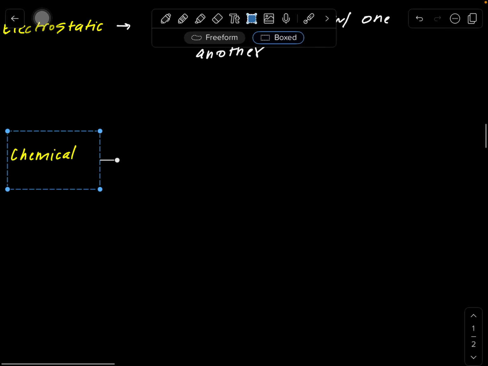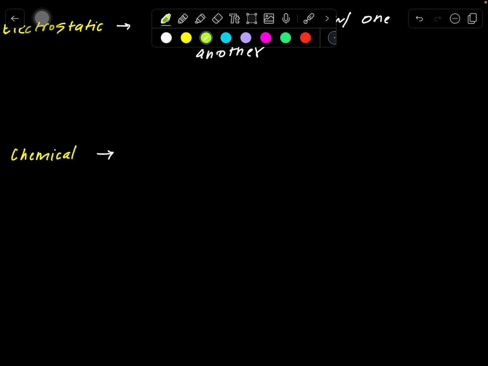next we have chemical energy. Chemical energy is the energy transferred as a result of chemical reactions. So, whenever there is a chemical reaction involved, you have chemical energy.